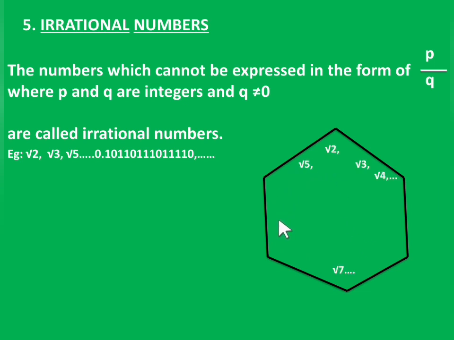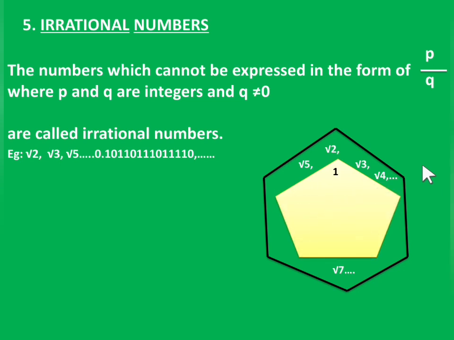So here in this figure you see that these are the collection of irrational numbers. Pentagon with rational numbers, rectangle with integers, triangle with 0, and circle with natural numbers.